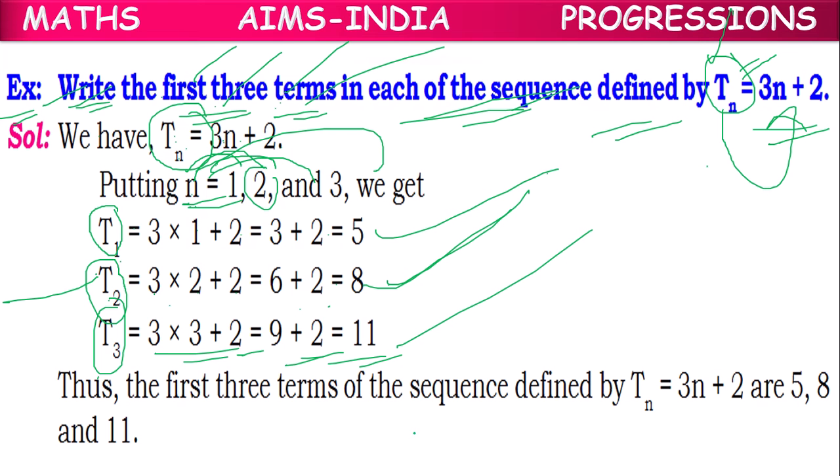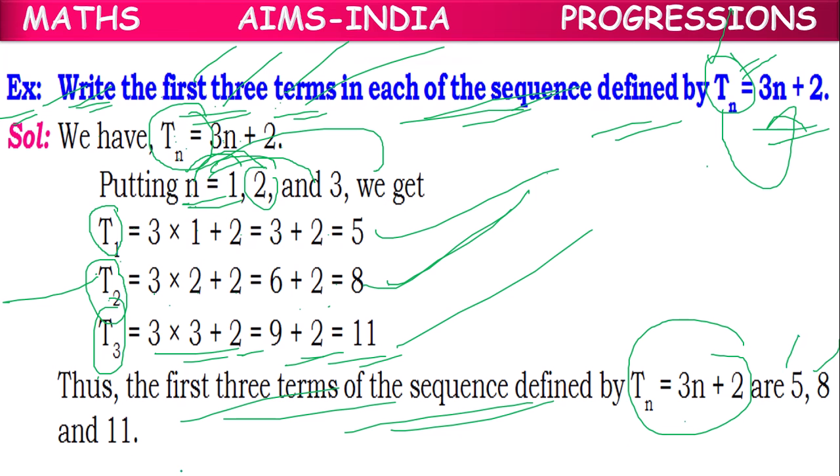So as per the definition of general term, for the given sequence, first three terms will be 5, 8 and 11. Like this, if you know the general term, we can find whatever term we want.